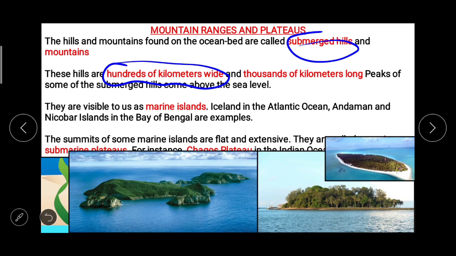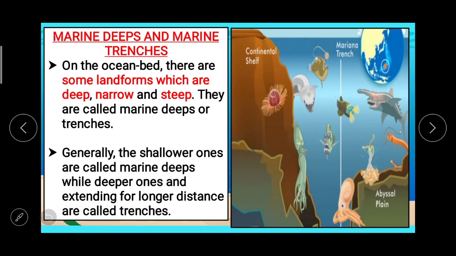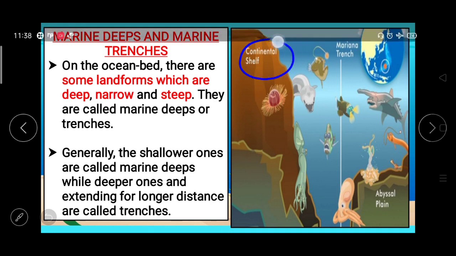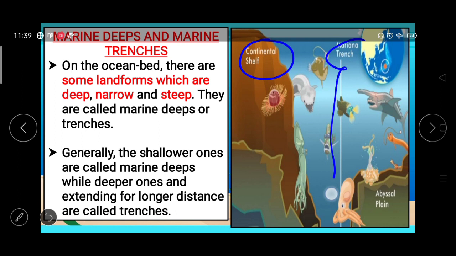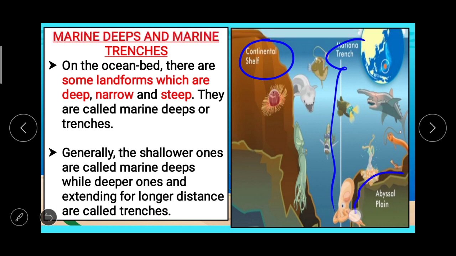Now next to the mountain ranges and plateaus, the next point is marine deeps and marine trenches. Here, this one is continental shelf. Next to that, marine trench, and this one is abyssal plain. On the ocean bed, there are some landforms which are deep, not only deep, narrow and steep.